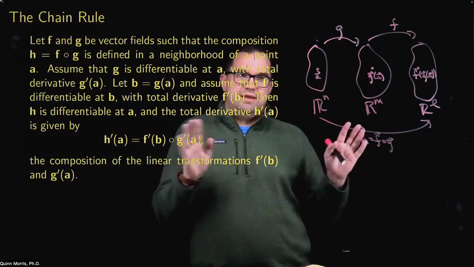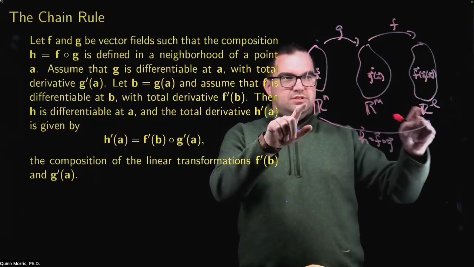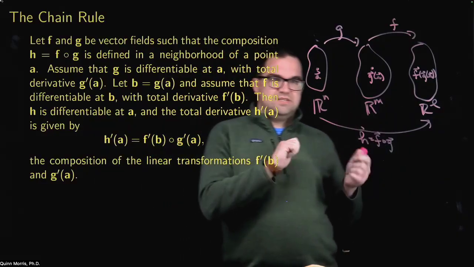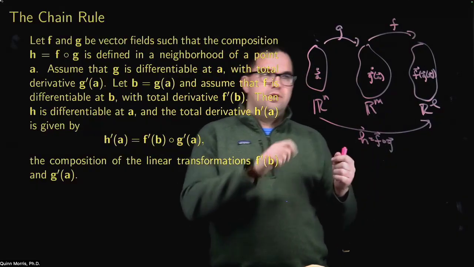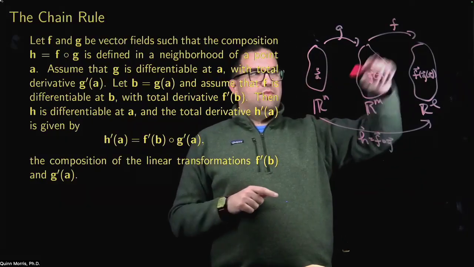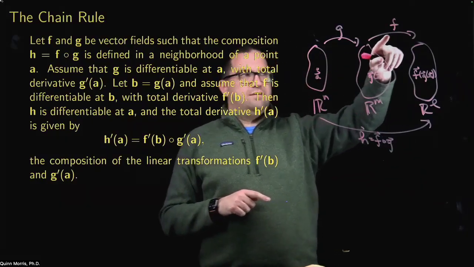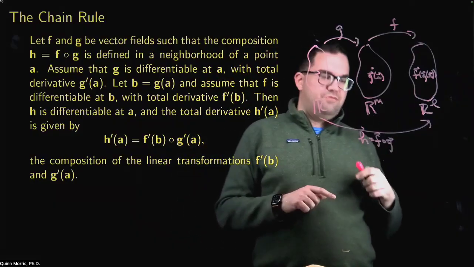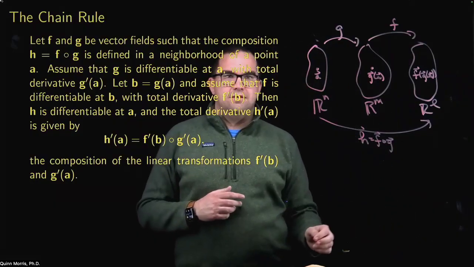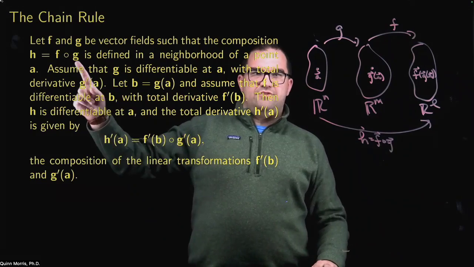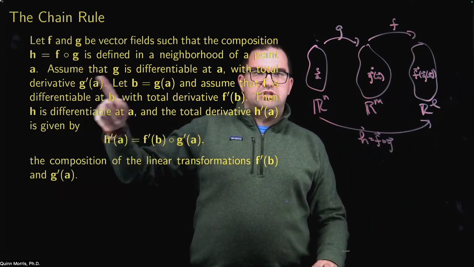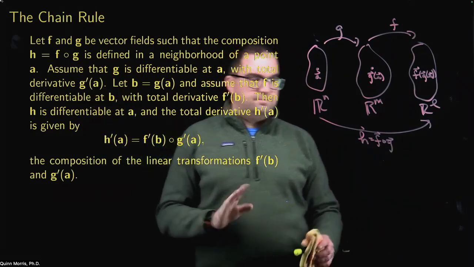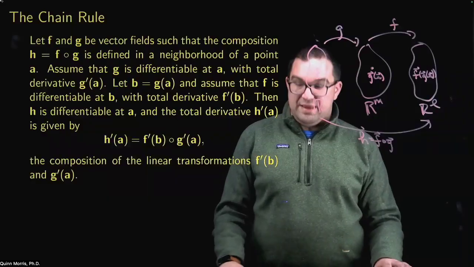Make sure the dimensions of ranges and domains match where they need to, make sure the image of G and the domain of F overlap appropriately, so that this function is defined on some neighborhood of A. So they're basically just saying make it work.